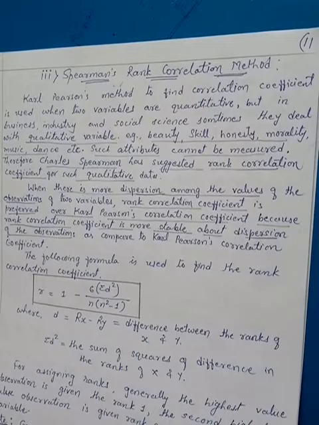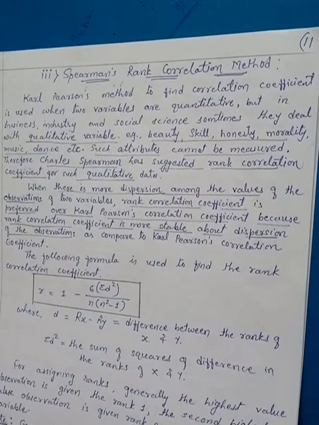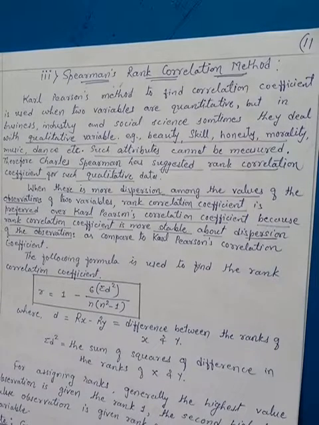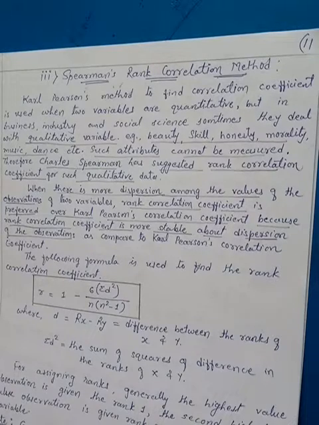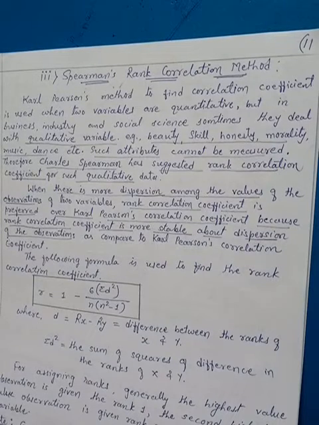What is the skill of a person? We cannot say skill 1, skill 2, skill 3 like this. Whether the person is honest or not, you get an answer of yes or no, right? Or whether the person is skilled or unskilled. So the variables cannot be measured in the form of numbers.